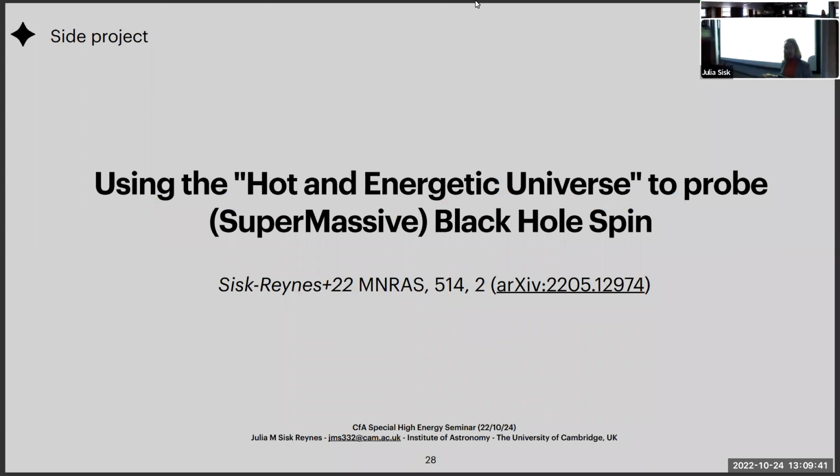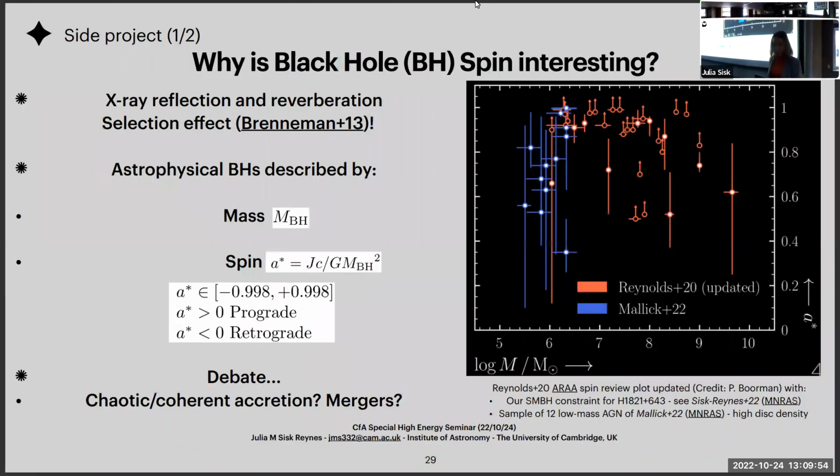And finally, I wanted to highlight the exciting spin constraint that we found for the high mass supermassive black hole at the center of the 1821 galaxy cluster. This is a representation of the supermassive black hole spin constraints that we have found with the X-ray reflection techniques.